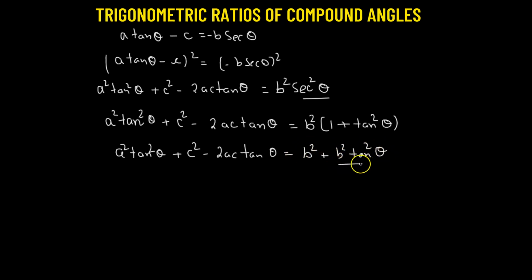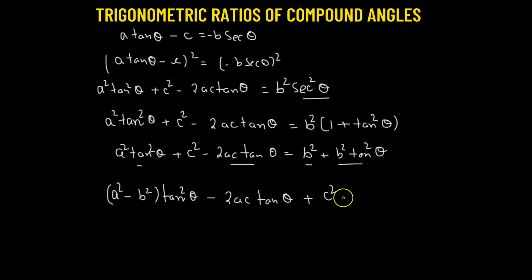Here we will transpose this b squared tangent squared theta to the left hand side and combine with a squared tangent squared theta. So we get a squared minus b squared multiplied by tangent squared theta, then negative 2ac times tangent theta plus c squared, and we'll transpose this b squared to the left hand side as well. So we have c squared minus b squared, equal to 0.